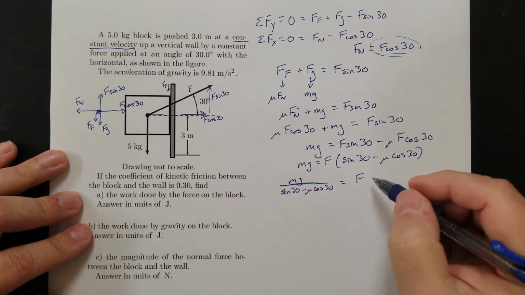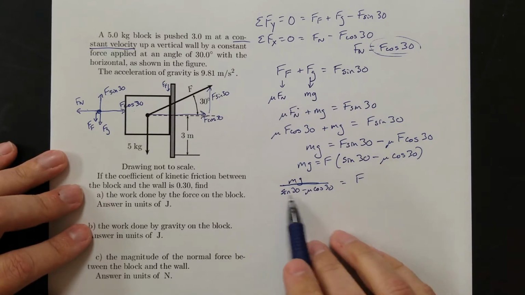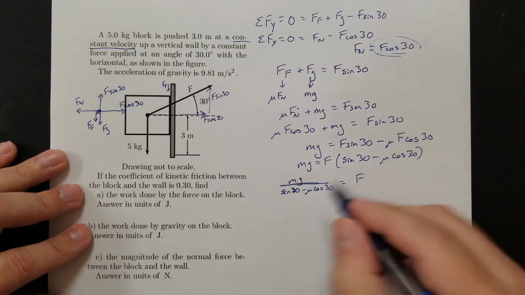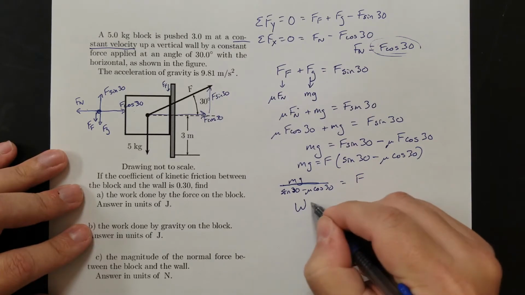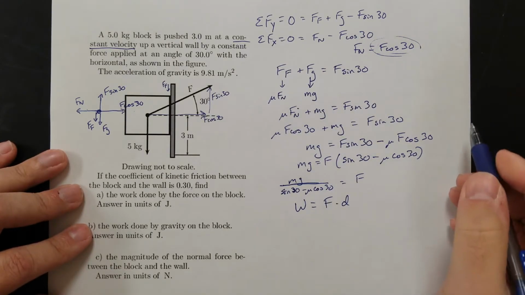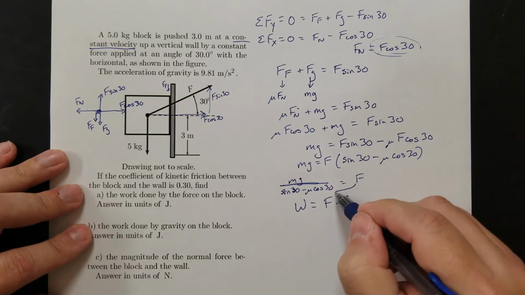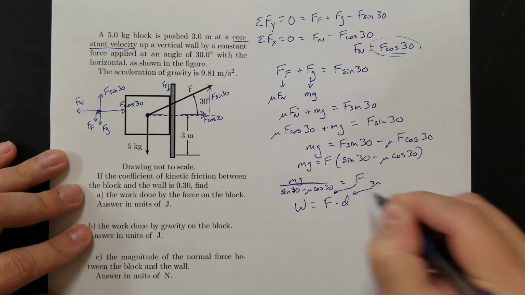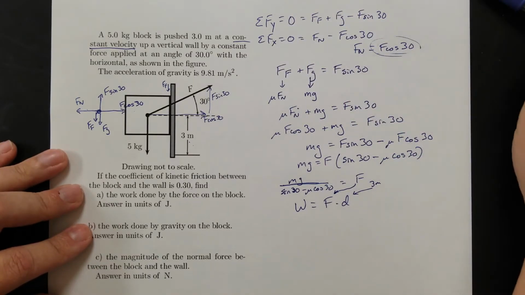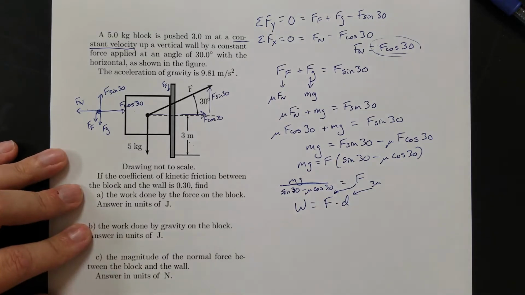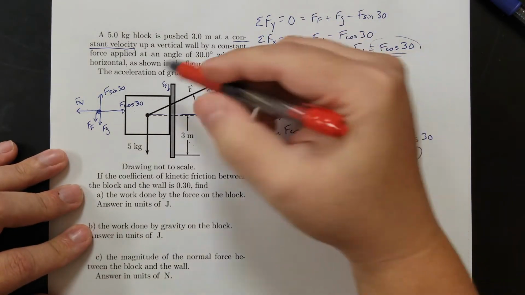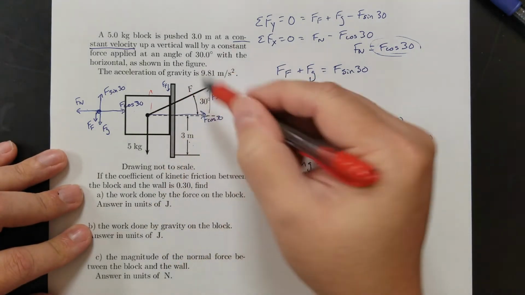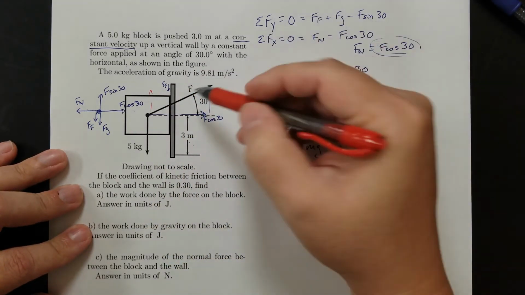And I can solve for my force using this. Once I know F, I know that work is force times distance. So I can plug F in here, and 3 meters is my distance. And then remember, work is a dot product. It's only the amount of the force that went this way, only the component that's going along the wall.